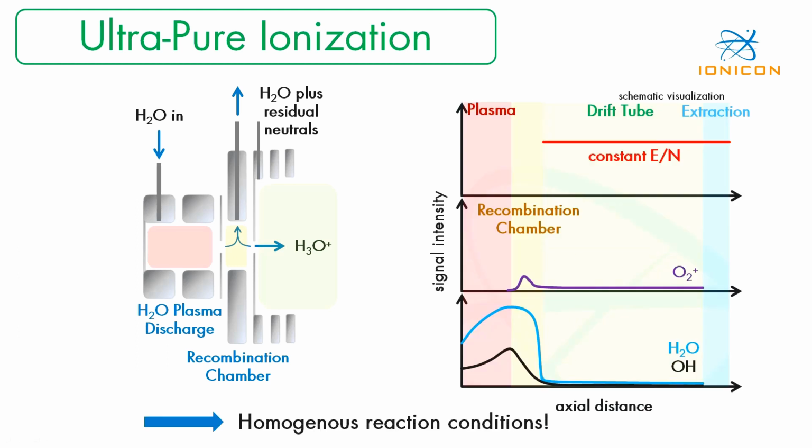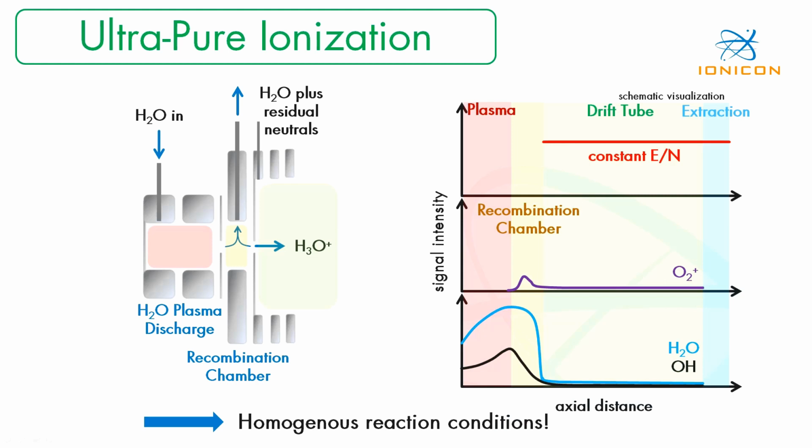Now let's have a look forward towards the drift tube reaction cell where the primary ions and the sample air are injected. On the right, I have added a schematic visualization of parameters starting from the ion source towards the ion extraction into the TOF-MS. Very importantly, we have designed our ultra-pure ionization chamber to have very homogeneous reaction conditions.